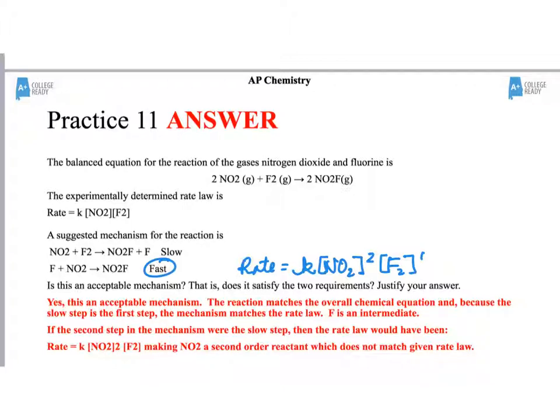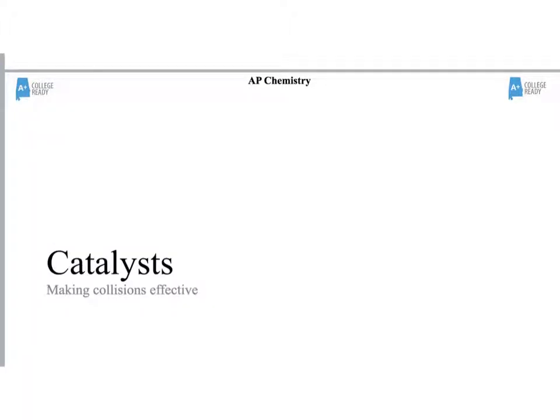And if they said that were the slow step, it would not match the experimentally determined rate law, which means it would not be the correct one. So, with your mechanisms, make sure they match the experimentally determined rate laws. Use the slow step to help you and include the slow step.